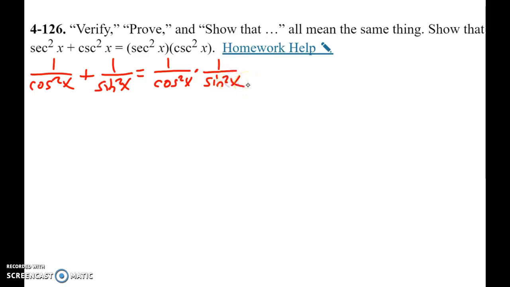So I've got adding and multiplying. So to add this side, I need a common denominator. I'm going to multiply this side by cosine squared over cosine squared, and this side by sine squared over sine squared.